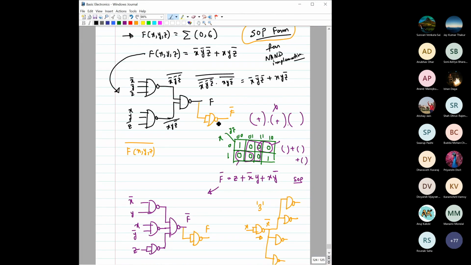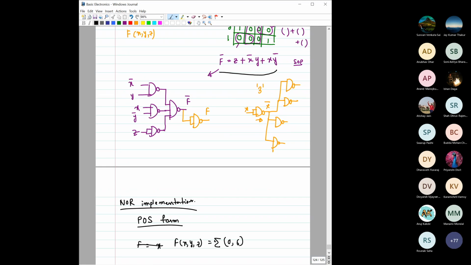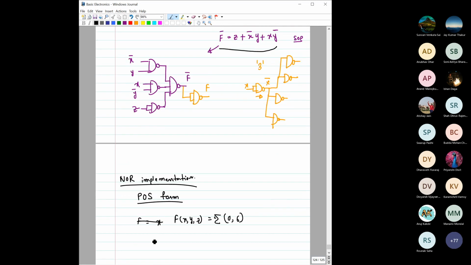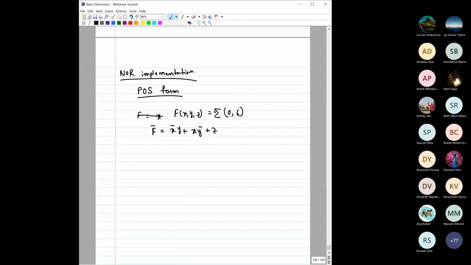So here we have seen earlier that F bar can be represented like this. Let me also write this, F bar, that we have seen earlier, for this function. Now, if I take one more bar here, that will give me F only.